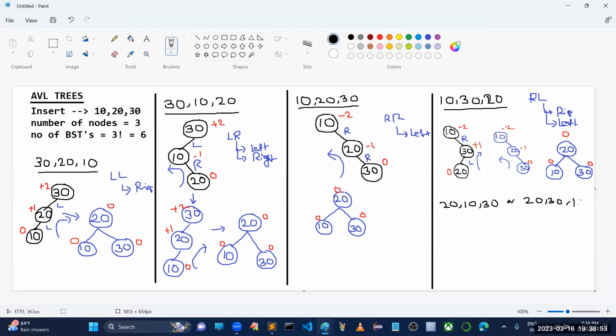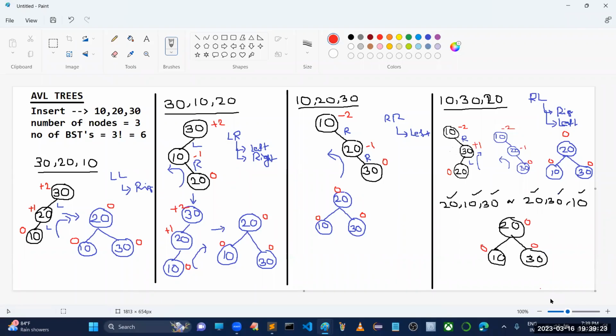In both cases, we will get a single tree. 20 is the root node in both cases. If you insert 10, it goes under the left subtree. After that, 30 goes to the right subtree. Here also, if you insert 30, first it is inserted in the right subtree, then 10 is inserted into the left subtree. By default, this is already a height balanced tree.